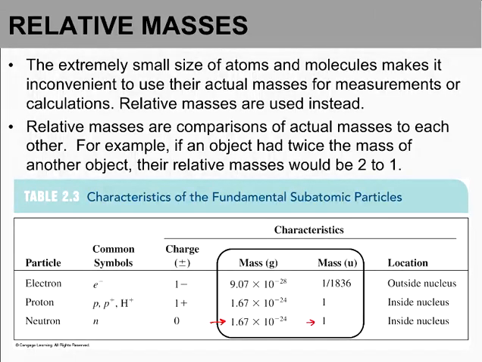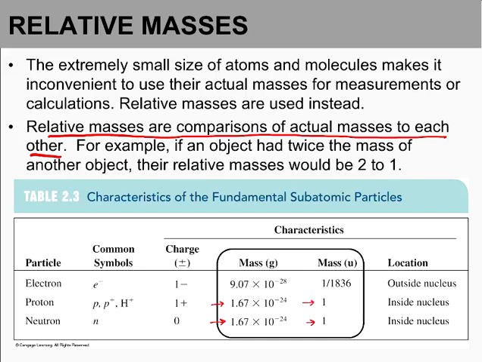So the relative mass of a neutron is 1. And that's much easier to use than the mass in grams. So relative masses are comparisons of actual masses to each other. So in that same table, if we look at the mass of a proton, it's exactly the same as the mass of a neutron. So its relative mass is also 1.